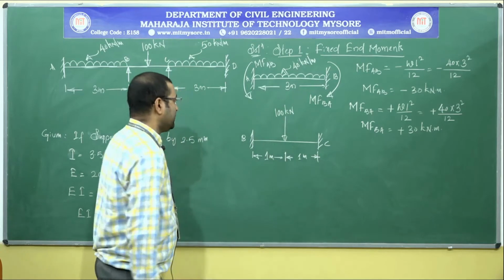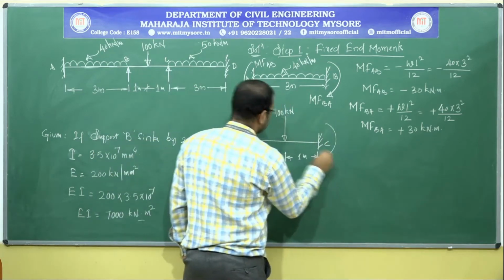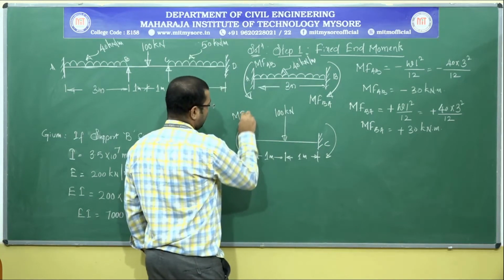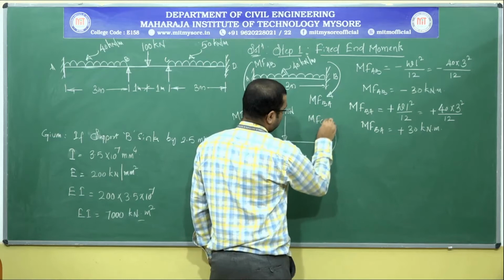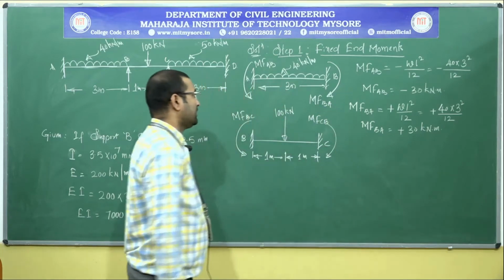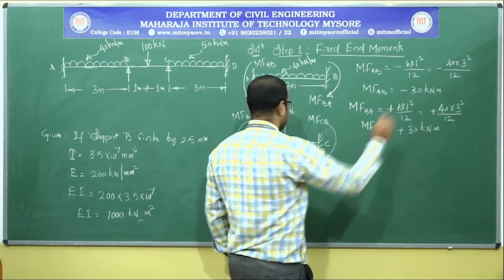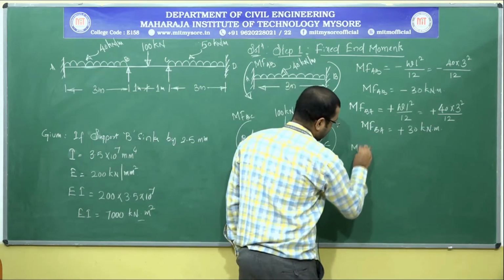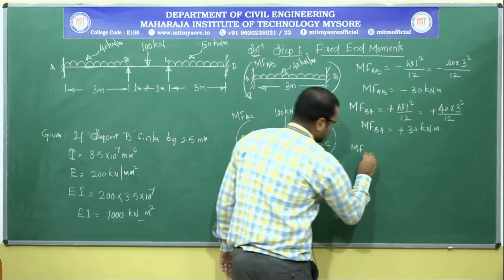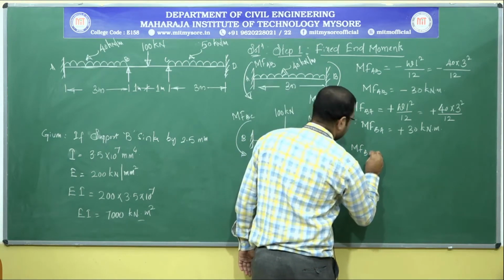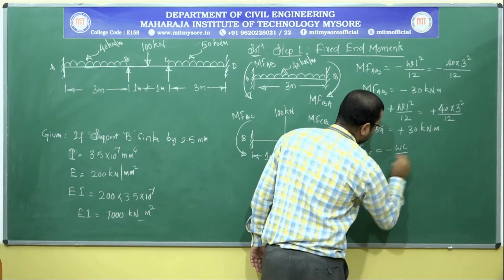So here we need to work out how much is the fixed end moments, that is MF BC and MF CB. As this span carries a central concentrated load, the formula for the estimation of the fixed end moments is MF BC is equal to minus WL by 8.